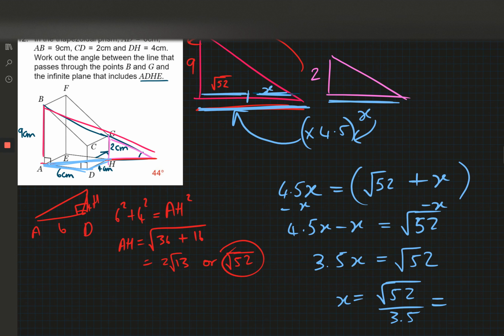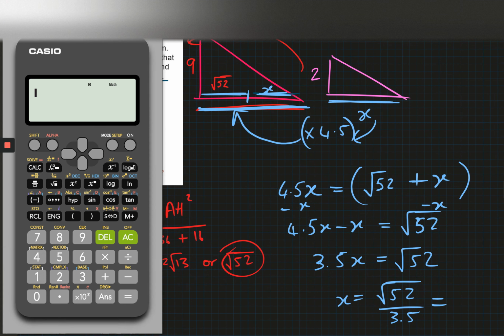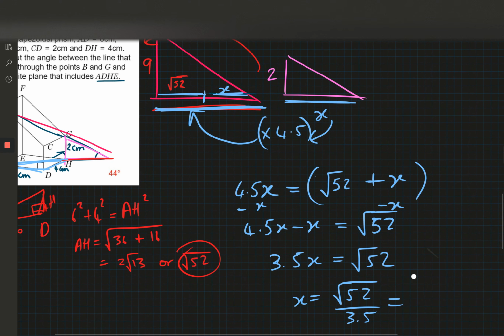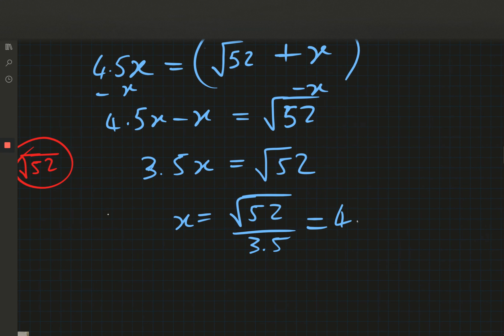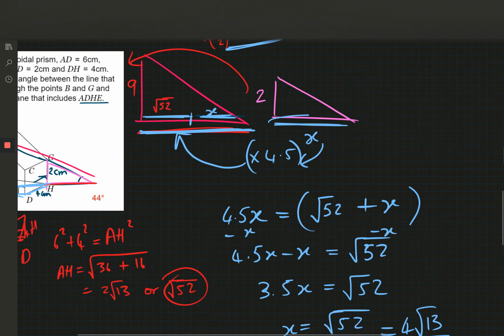On your calculator, let's put this in here, root 52 divided by 3.5, I get 4 root 13 over 7. So we have now found this length x here.